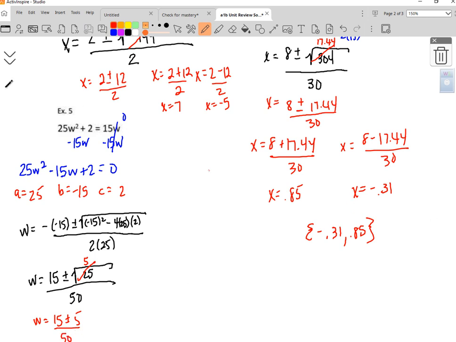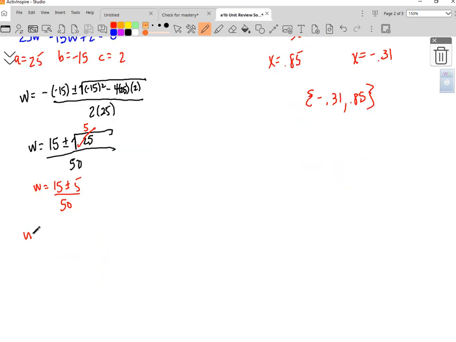So that equation still has that plus minus symbol in it. So now we're going to separate that into two equations. 15 plus 5 divided by 50, and 15 minus 5 divided by 50. So then we can do it on our calculator. 15 plus 5 equals, divided by 50, equals 0.4.